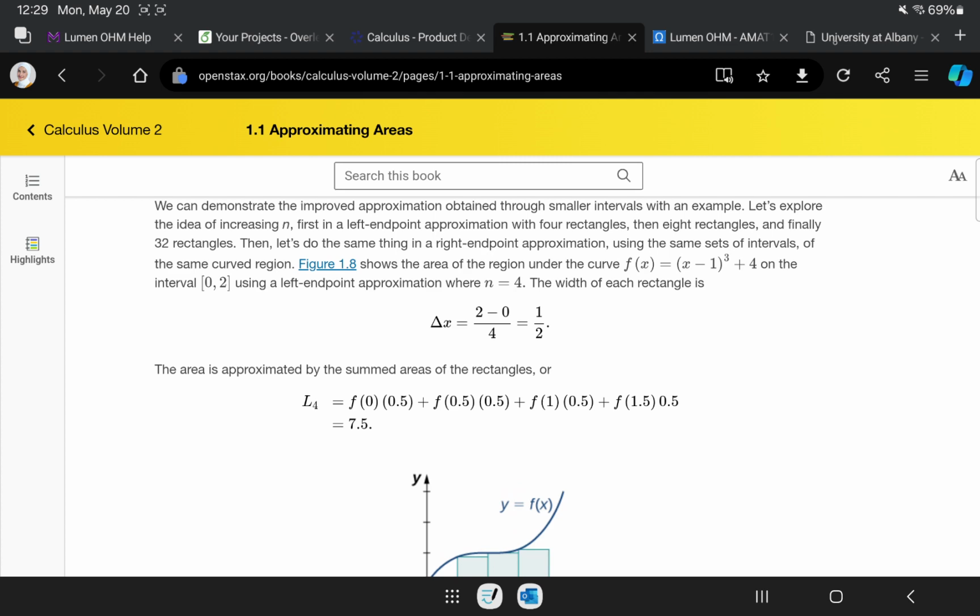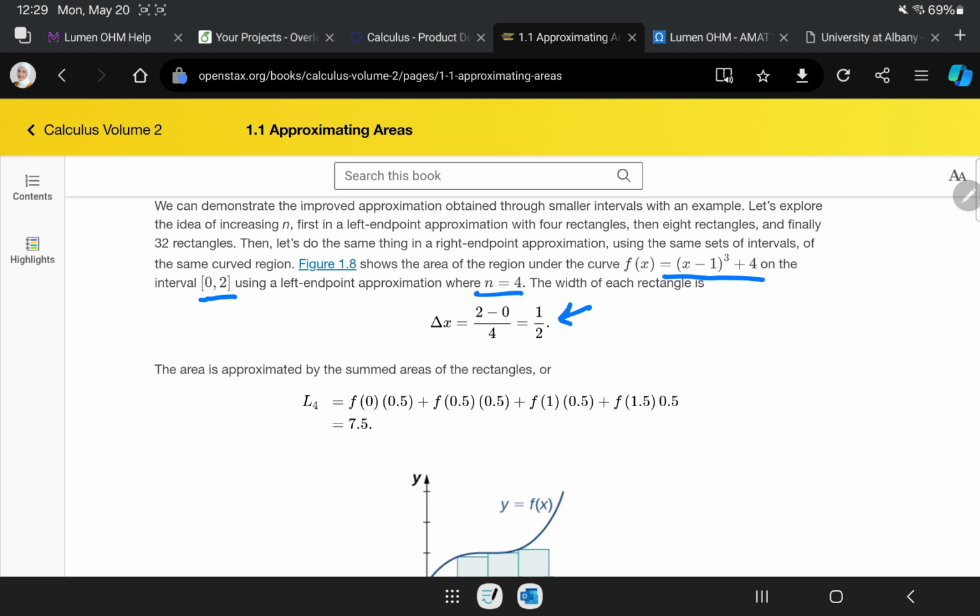Here we have the function (x minus 1) cubed plus 4, and I want to use the left endpoint approximation with n equals 4. The first step is I want to find my width, which is (b minus a) over 4. Since the interval used is from 0 to 2, I just do 2 minus 0 over 4, which is 1/2.